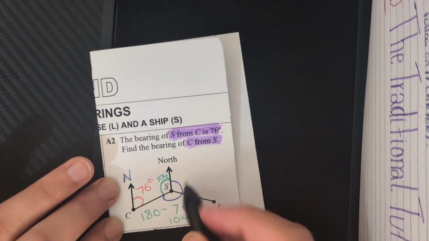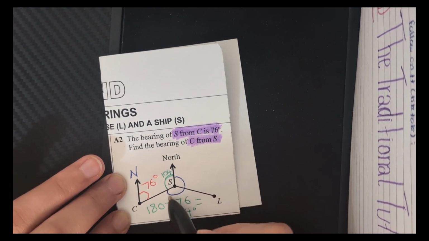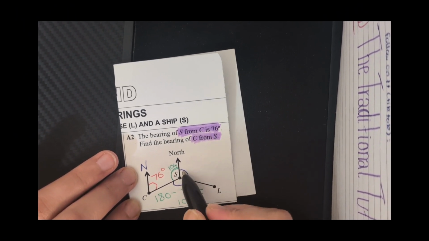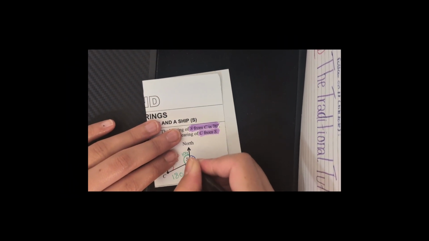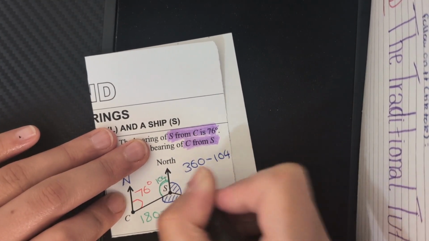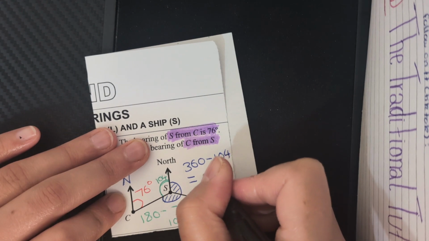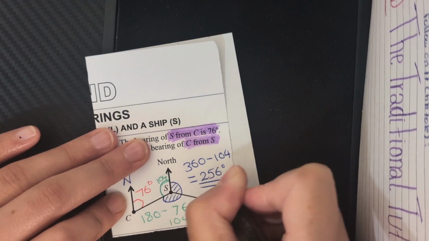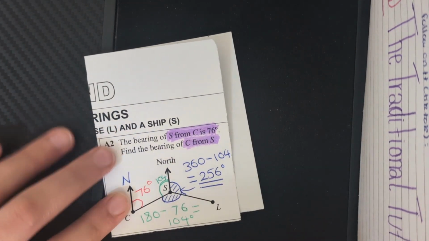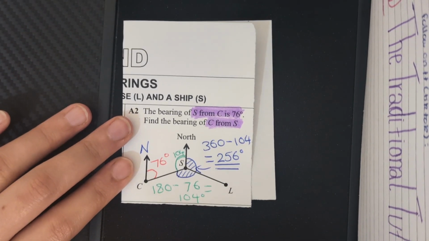And then finally I can do 360 minus the 104 to work out this big blue angle. I'm just going to shade that so we can see it clearly. So 360 minus 104 gives me 256 degrees. So this is what the blue angle is, and that's the end of this one.